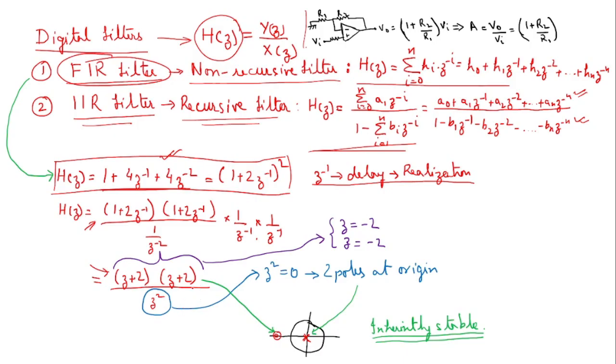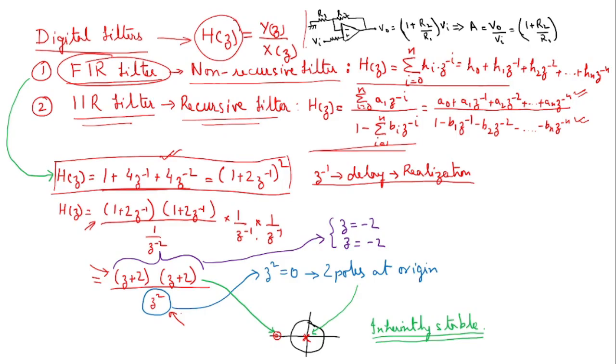Now we have to determine the location of the poles and the zeros. So where are the poles? For determining the poles, we know that we have to equate the denominator to 0. So z square equals 0, that means z will be at 0. Since it is z square, there are two poles at the origin.